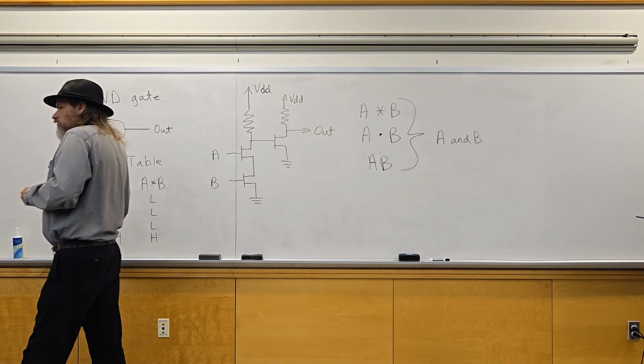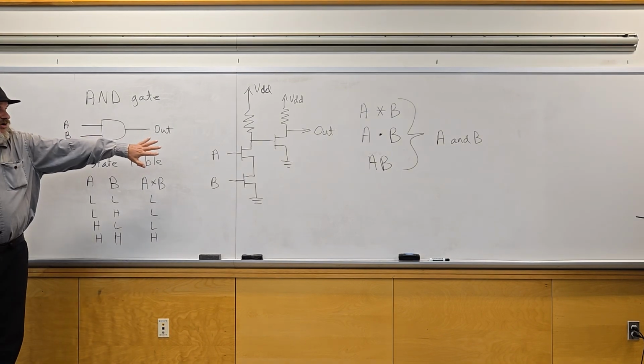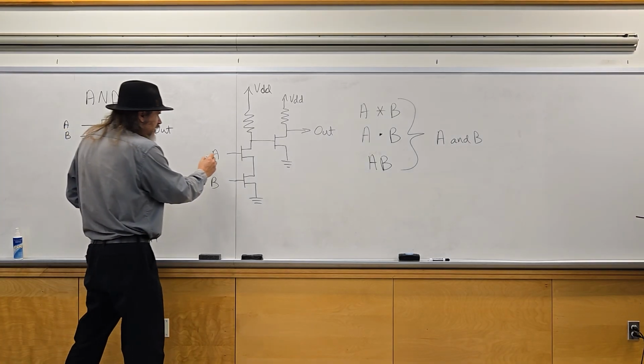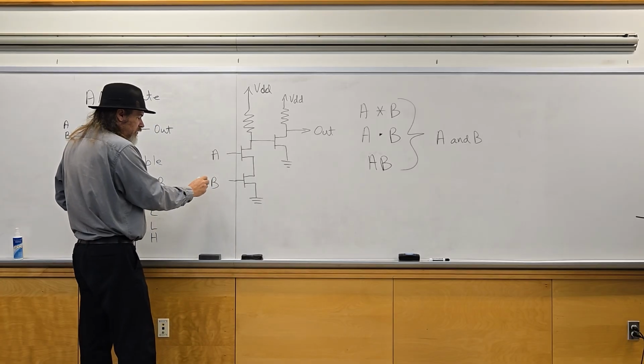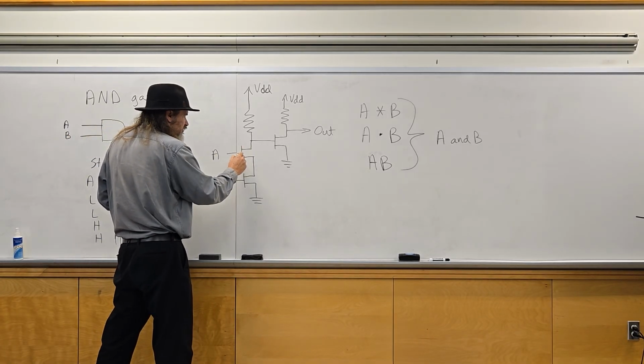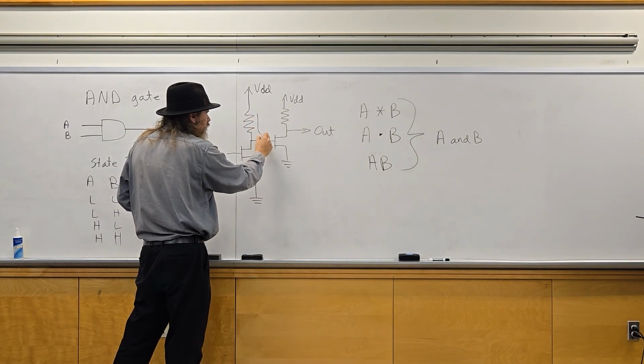Actual implementation uses a little bit different configuration, but this will work. The idea is if A and B are both low, these transistors are turned off and power will go out through here.